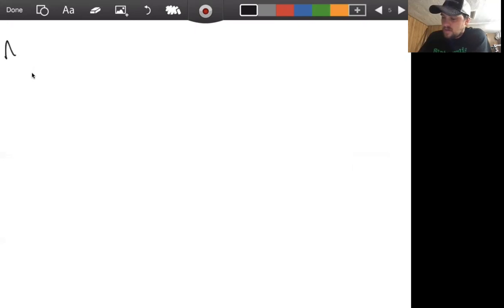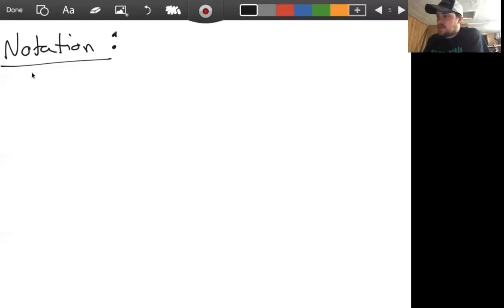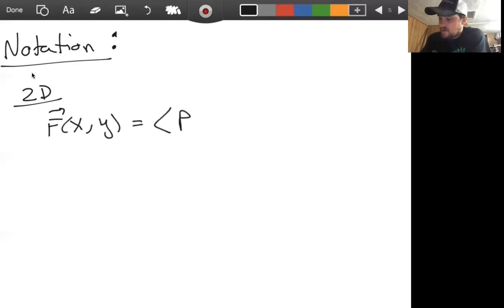And so here's some notation. In the two-dimensional case, we have f of x, y, this vector field, where the x and y entries can be scalar functions, right? Not vector valued functions. They'll be scalar functions.